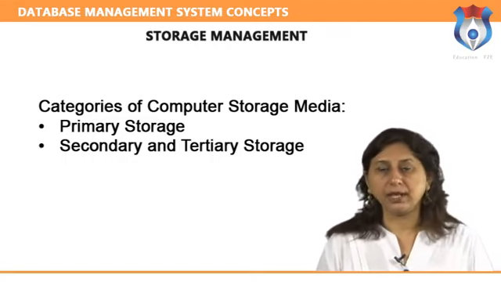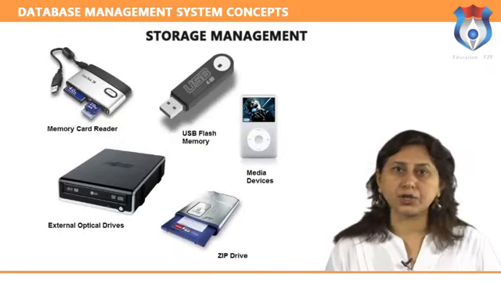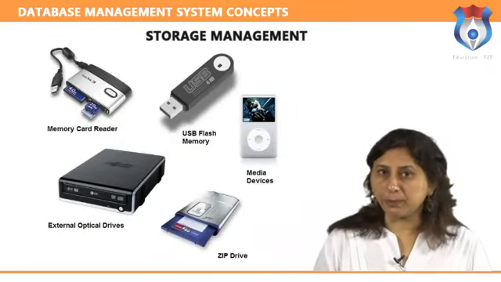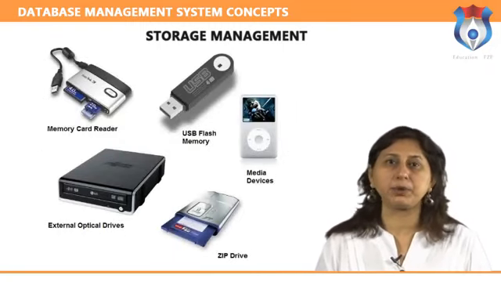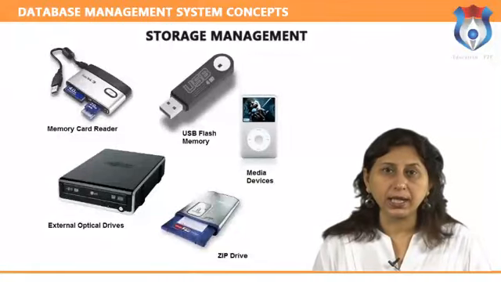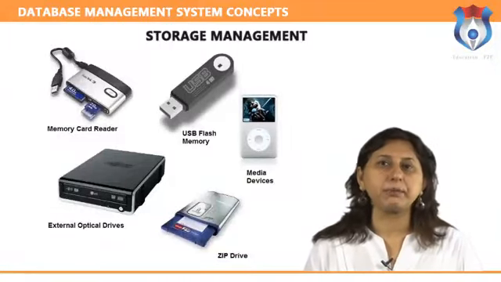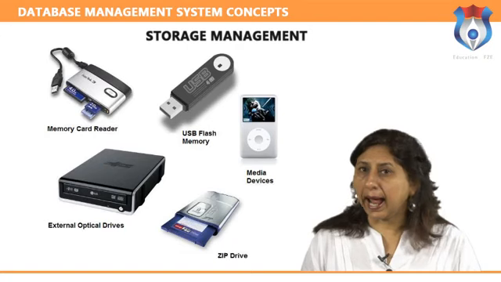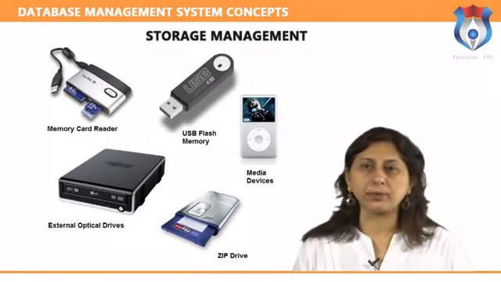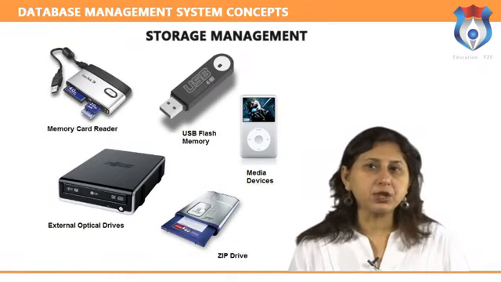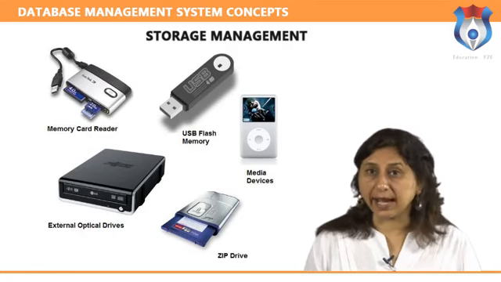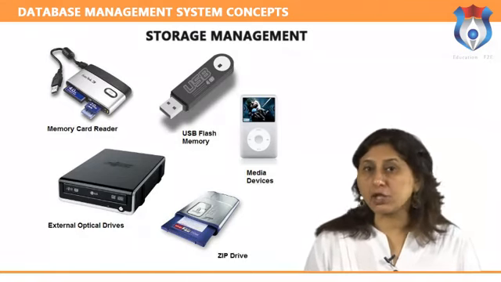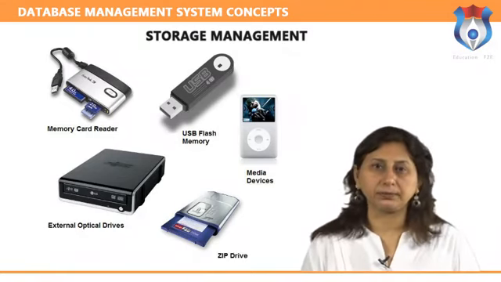Primary storage. This category includes storage media that can be operated on directly by the computer's central processing unit (CPU), such as the computer's main memory and smaller but faster cache memories. Primary storage usually provides fast access to data but is of limited storage capacity.